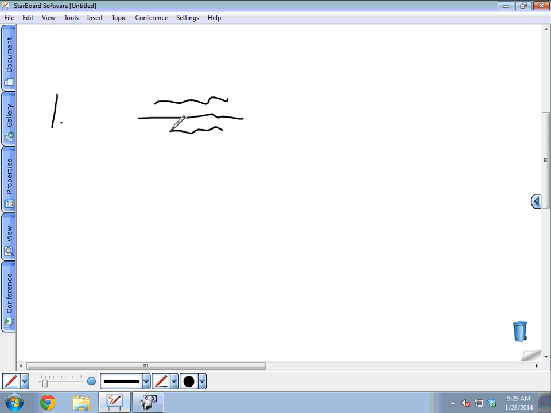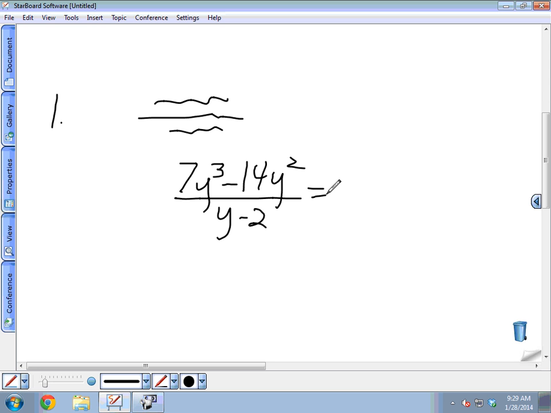Okay? So, this problem was 7y cubed minus 14y squared all over y minus 2. y minus 2 is prime. I can't factor that. However, up in the numerator, I can take something out. There's a 7 common to both of these, so I can take a 7 out. There is a y squared common to both of these. So I have 7y squared.